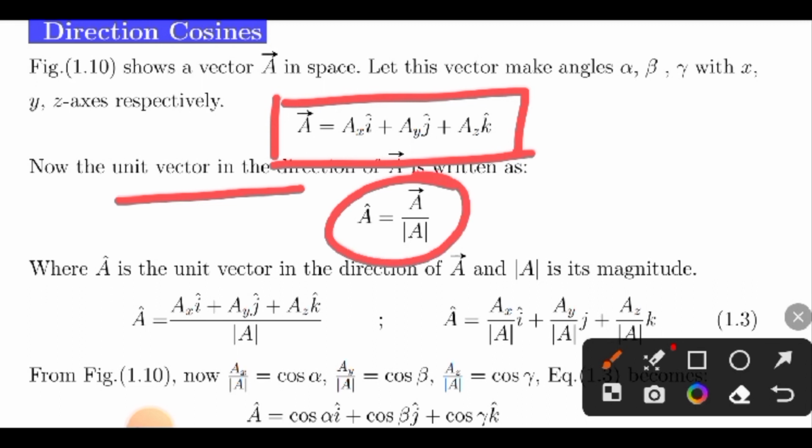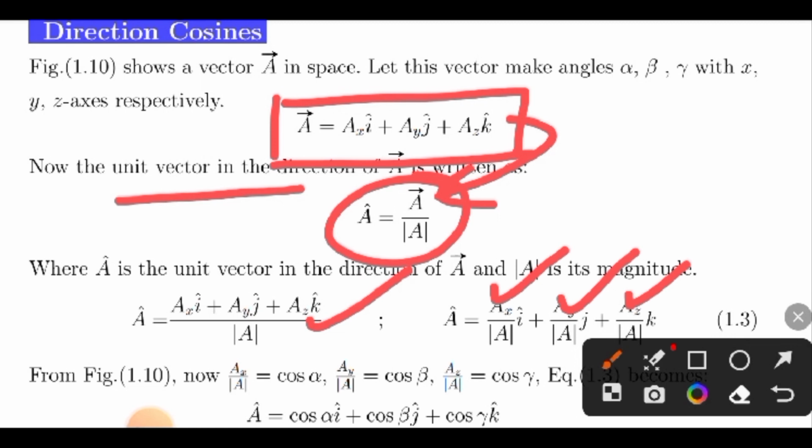So if we replace this vector A over here, we will have Ax i plus Ay j plus Az k divided by the magnitude of vector A. If we separate this magnitude with each component, we can write them as Ax divided by A, Ay divided by A, and Az divided by A in their respective directions i, j, and k.